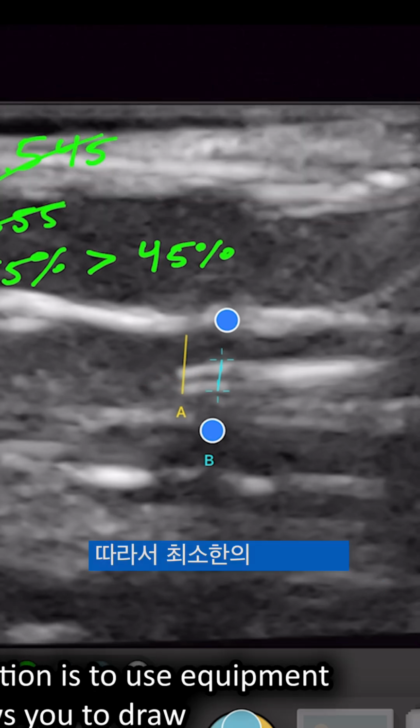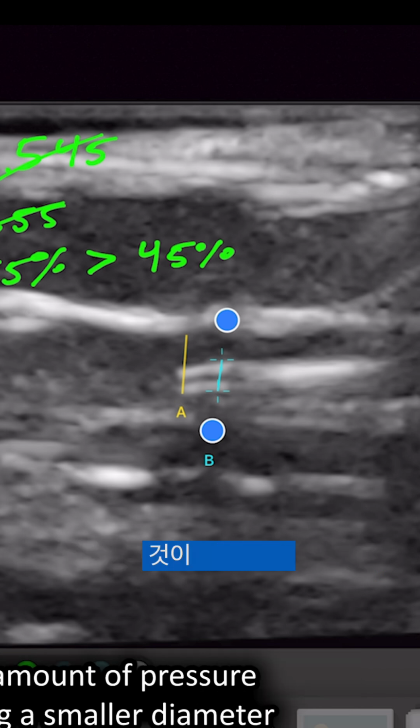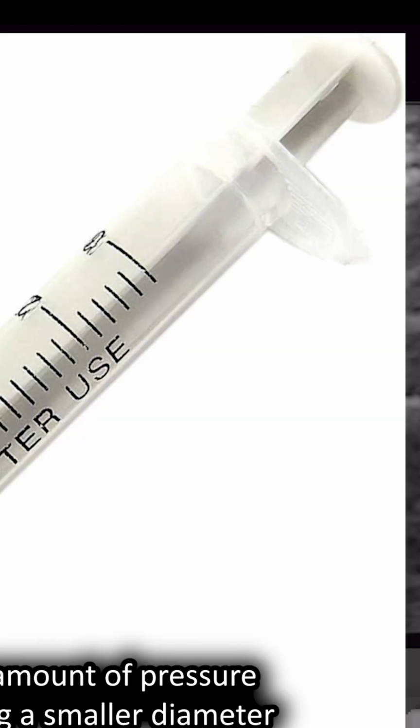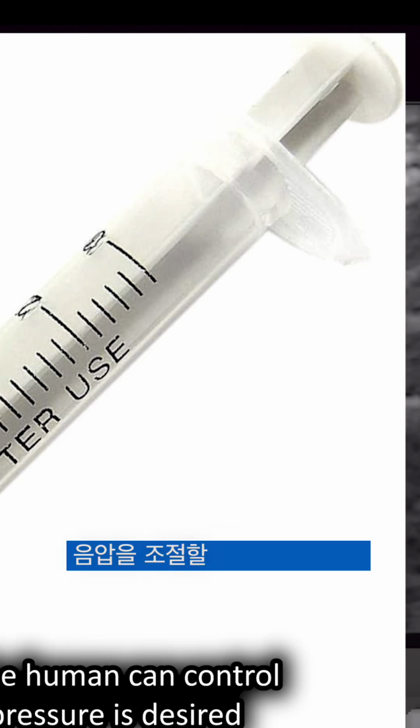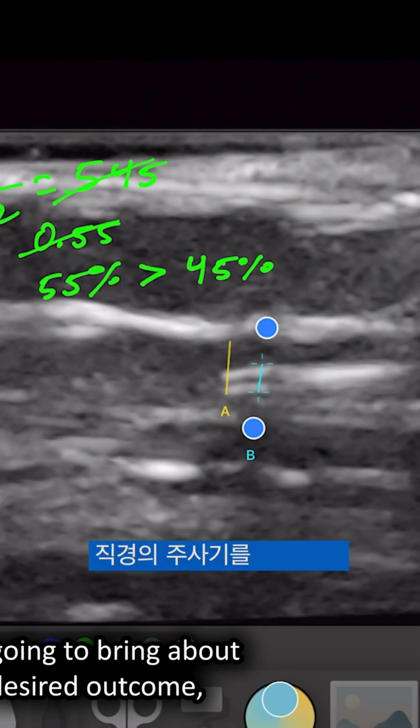So the recommendation is to use equipment that allows you to draw with the least amount of pressure. And that means using a smaller diameter syringe where the human can control the negative pressure, to bring about a desired outcome.